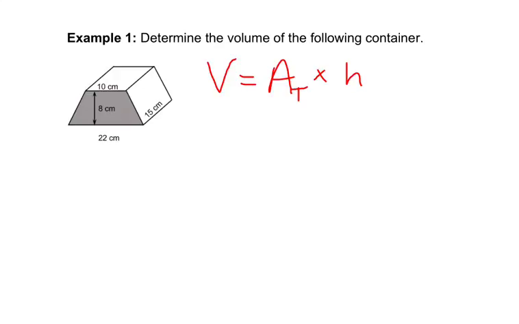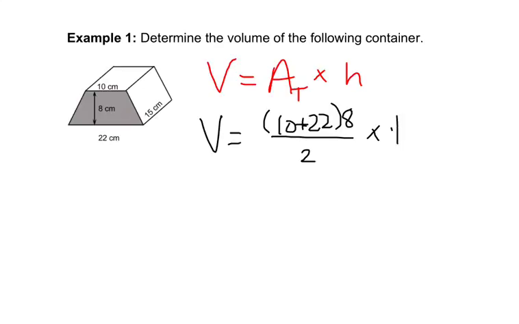I'm going to switch back to the black here. Our volume: the area of a trapezoid is base 1 plus base 2 times the height of the trapezoid, divided by 2, times the height of the 3D shape, which is 15. I don't have my calculator with me, so you'll have to put that in, work it out, and figure out what it is.